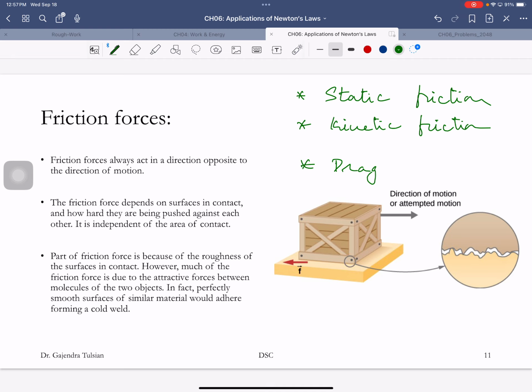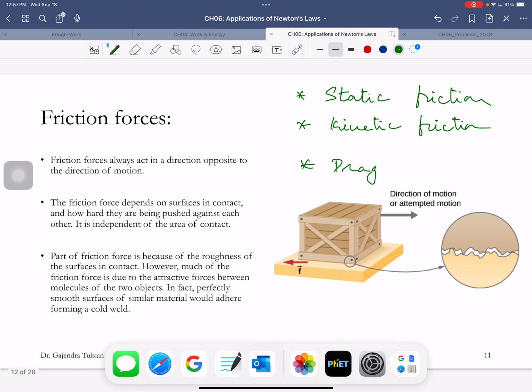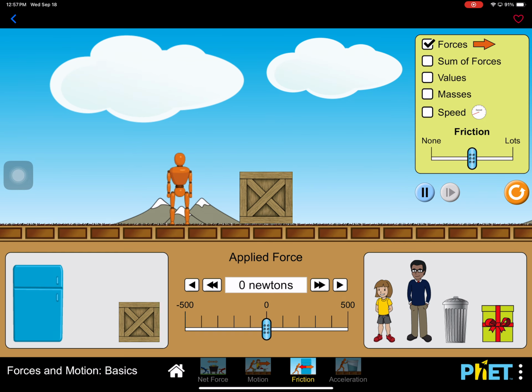So here is a solid object sitting on this solid surface, and if it wants to move, it encounters friction forces. Between these two surfaces, the friction forces arise because of attractive forces between the molecules of the box and the ground. So what we'll do is the following.